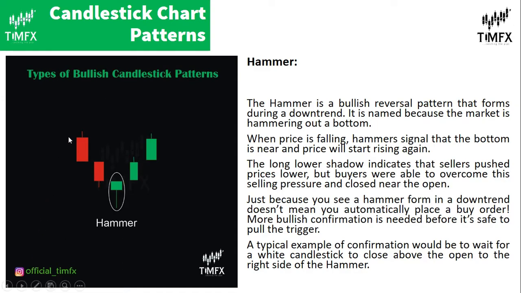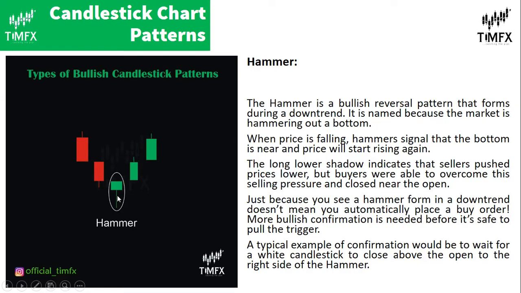So looking at this diagram here, there was a downtrend, then this should be a continuation of the downtrend, but something happened. Look at the lower wick. It's long. It doesn't even have an upper wick. It means the sellers had momentum so they were able to push the price here.